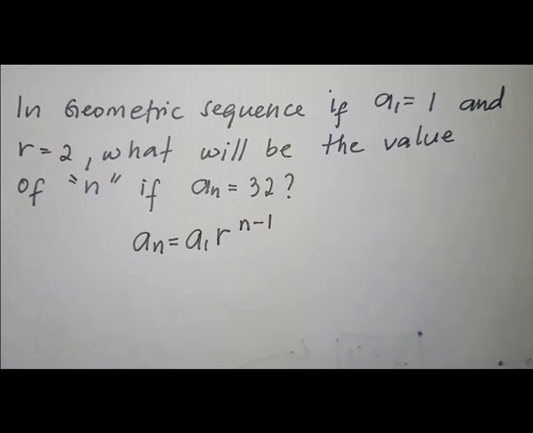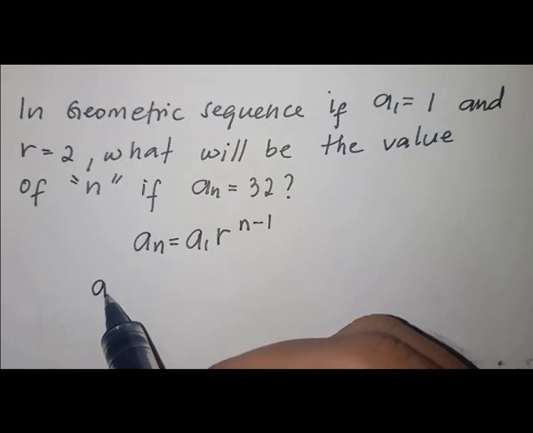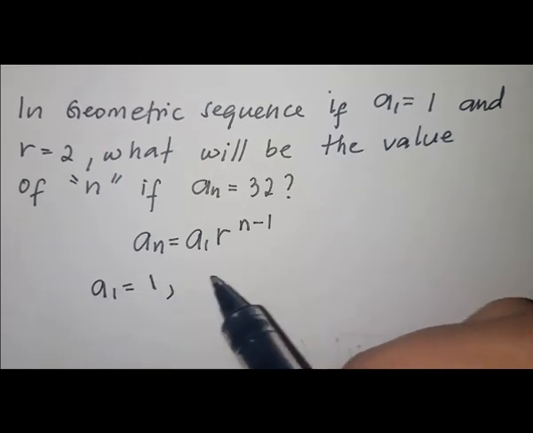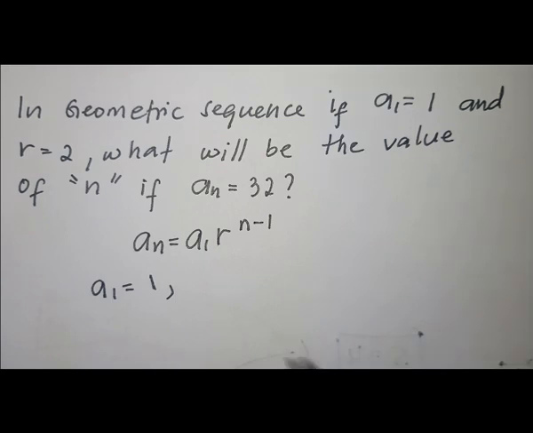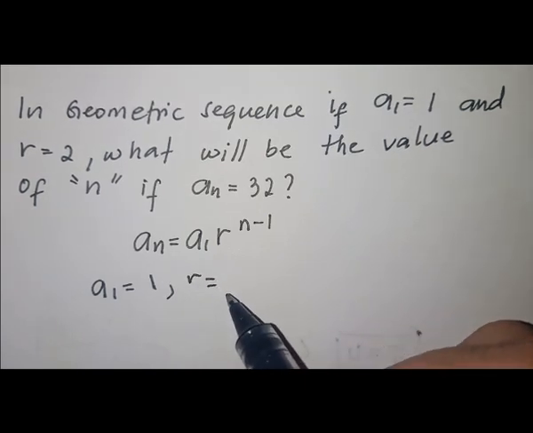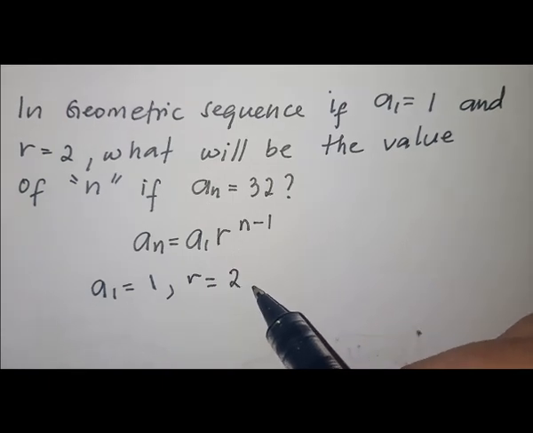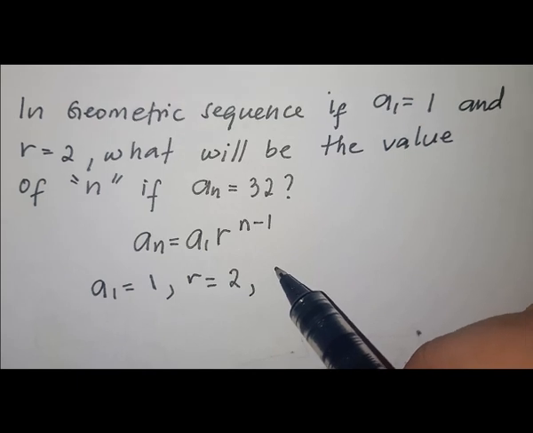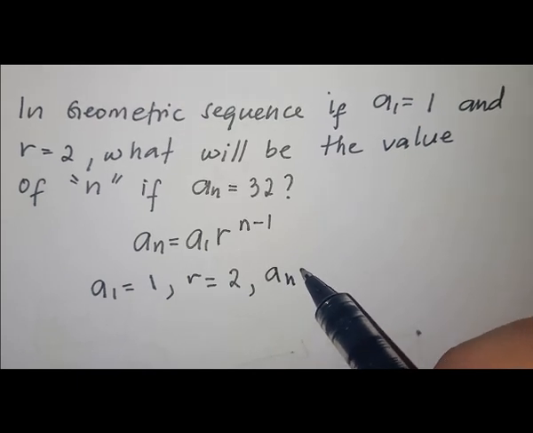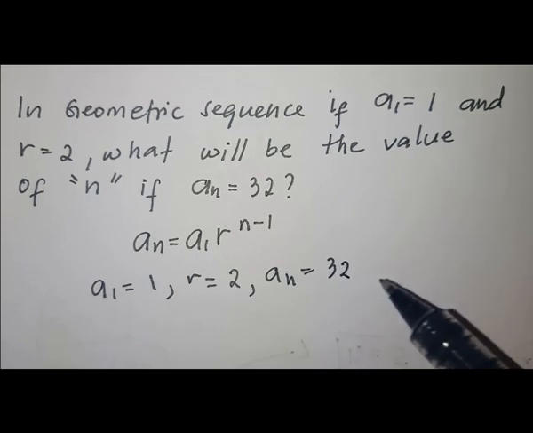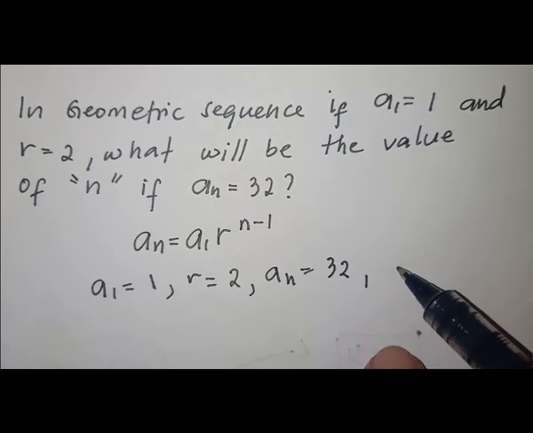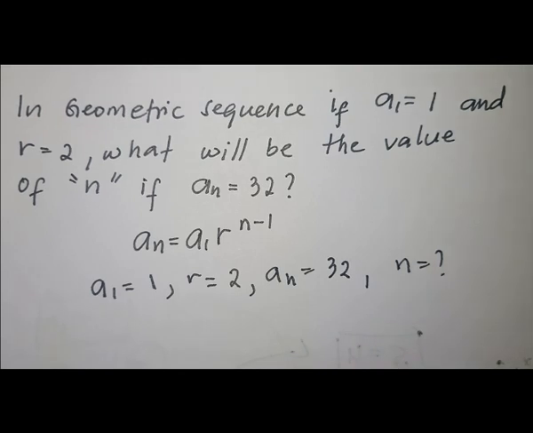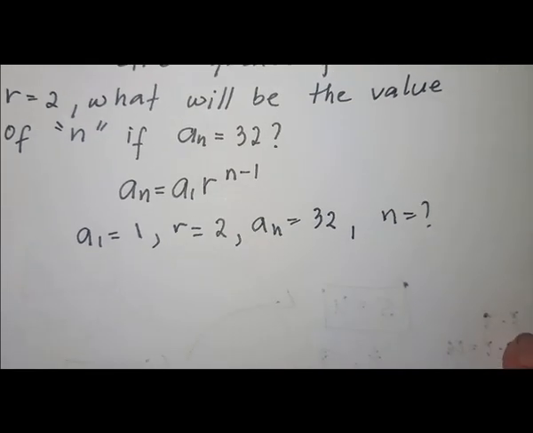So, yung mga given na meron tayo rito, yung a sub 1, which is equal to 1, yung r, which is equal to 2, at syempre, yung last term na meron tayo, which is a sub n, is equal to 32. So, what will be the value of n from this sequence? So, ilang terms ba ang meron tayo?